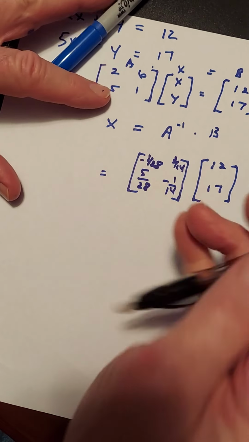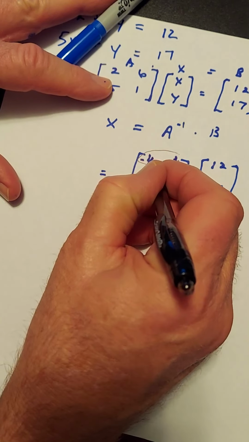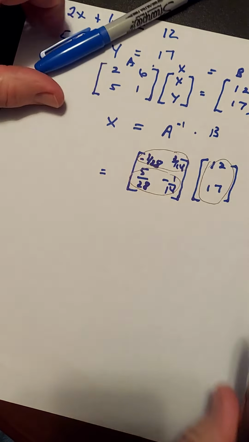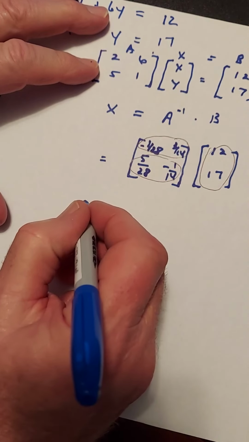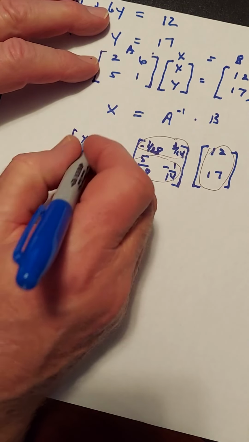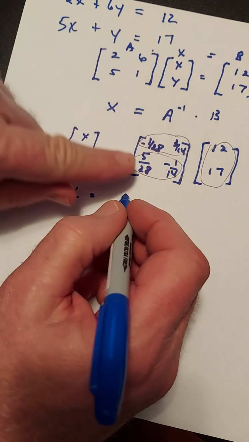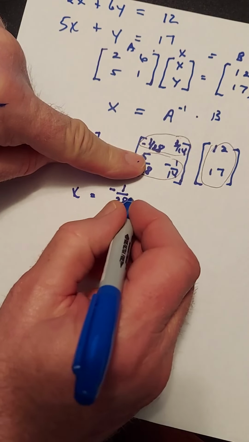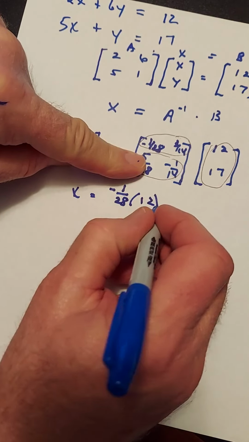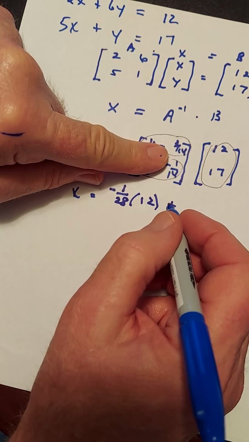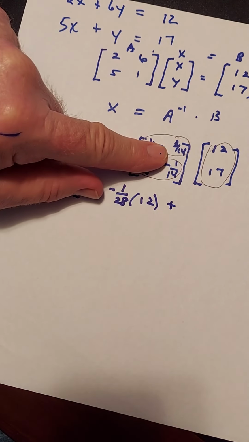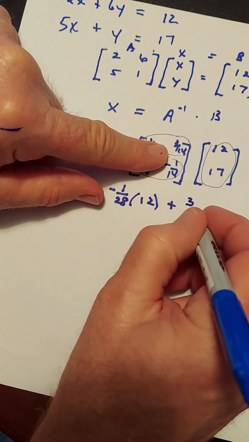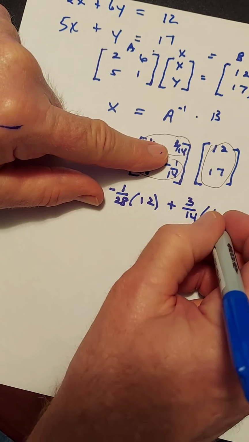So remember, you're going to take the rows, and you only have one column here. So x, remember this is x y, x will be equal to negative 1 over 28 times 12 plus 3 over 14 times 17.